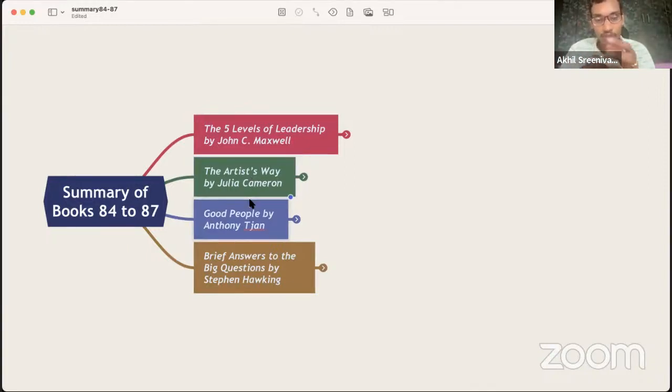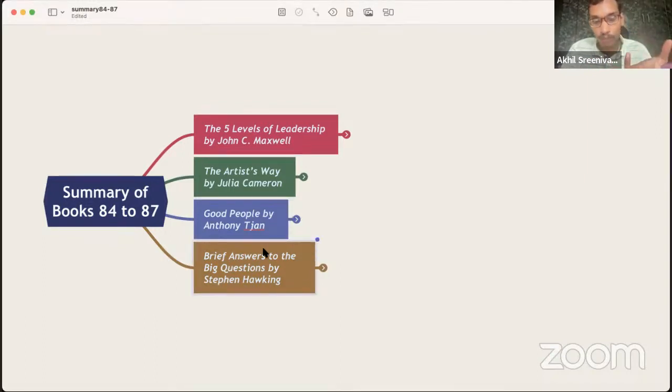The third book that we have seen in this journey, Good People, says that if you want to be surrounded by good people, identify 3 characteristics for yourself, which are truth, compassion, and wholeness. If you focus on these 3, truth, compassion, and wholeness, you will be surrounded by good people.